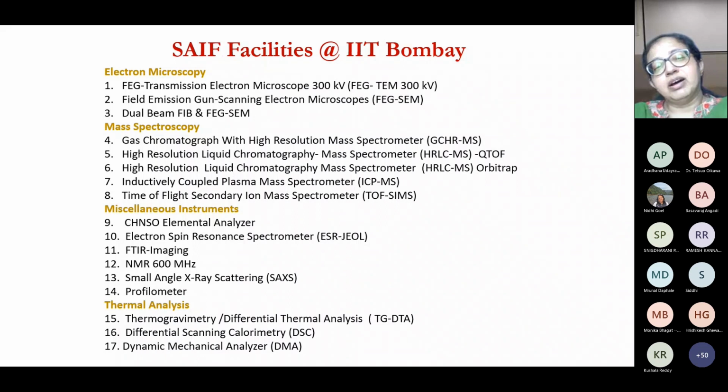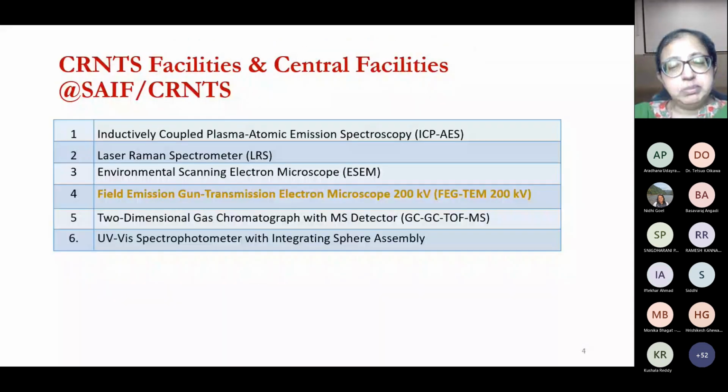And we also have various other instruments like CHNSO analyzer, ESR, FTIR, NMR, X-ray scattering, and profilometer. And also we have a suite of thermal instruments like the TGA, DSC and DMA. The last one is not yet installed, but it will be available shortly.